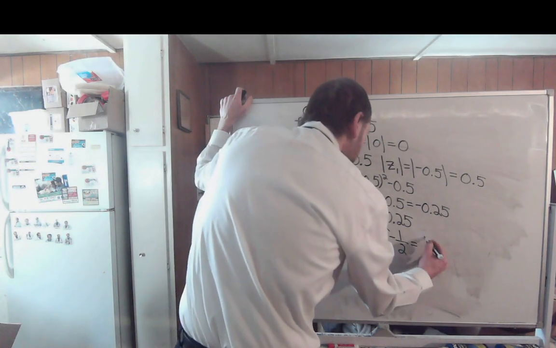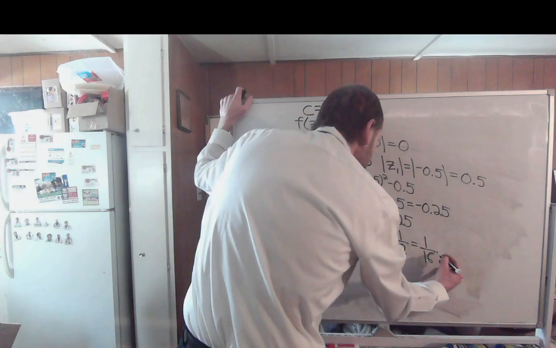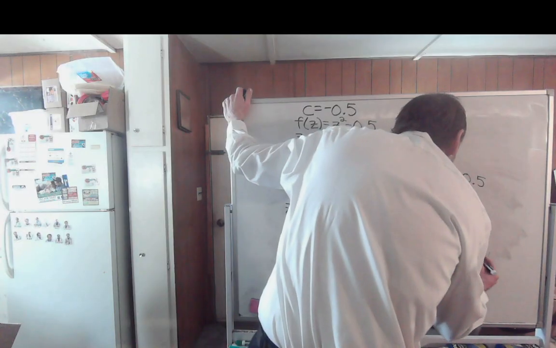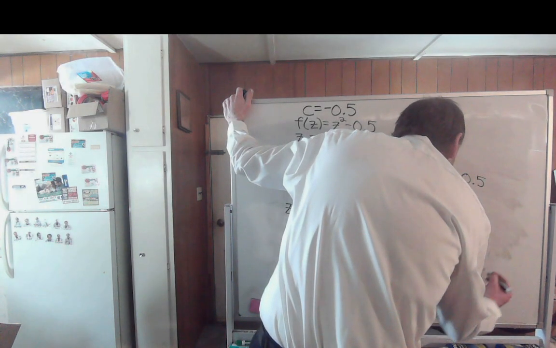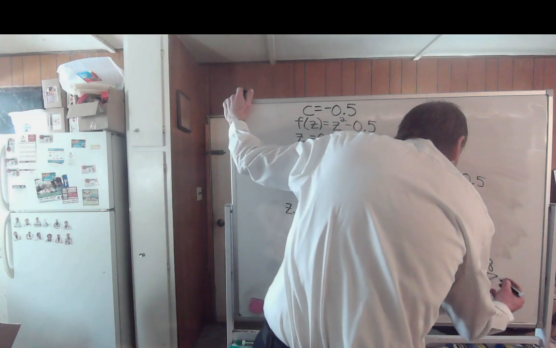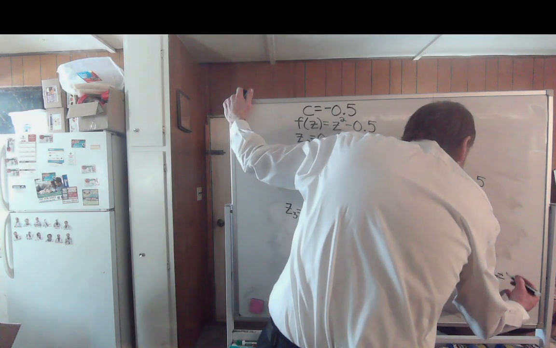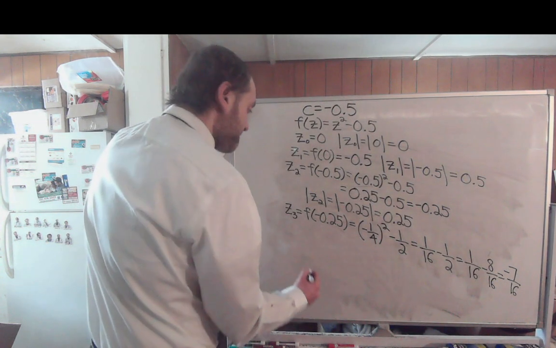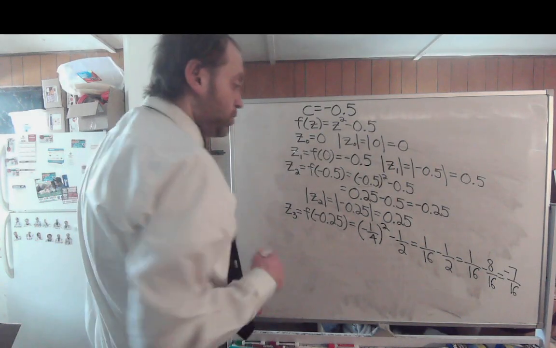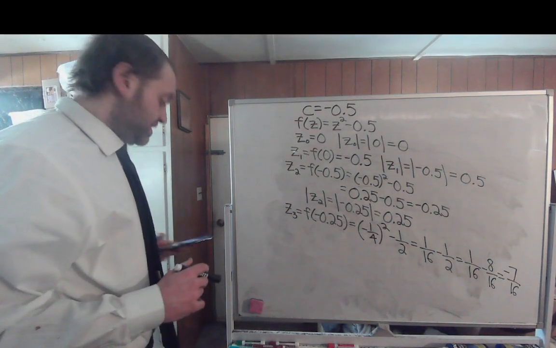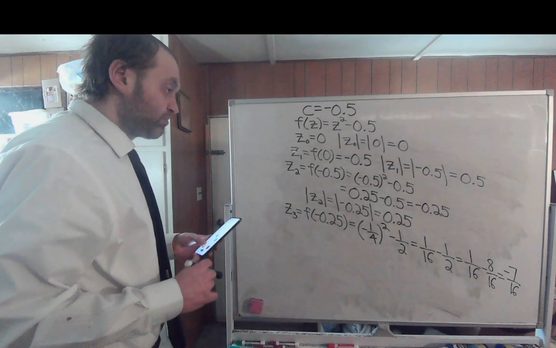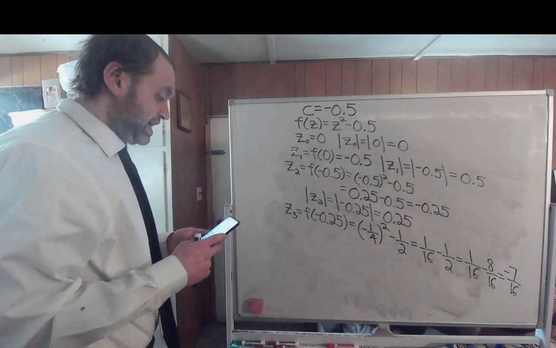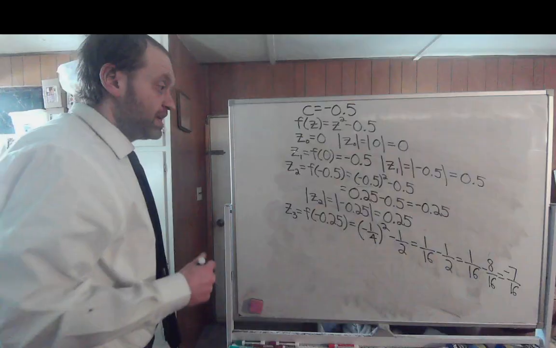That's going to equal positive 1/16 minus 1/2, which would equal 1/16 minus 8/16, which would be equal to negative 7/16. Well, what is negative 7/16 as a decimal? Negative 0.4375.